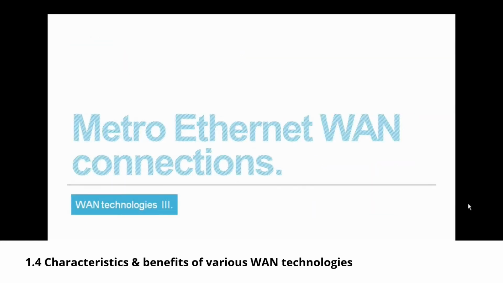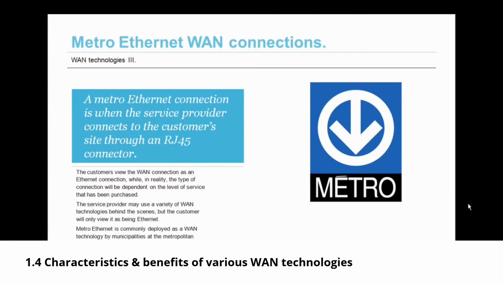MetroEthernet WAN connections. A MetroEthernet connection is when the service provider connects to the customer's site through an RJ45 connector. The customer will view that WAN connection as an Ethernet connection, while in reality the type of connection will be dependent upon the level of service that has been purchased.